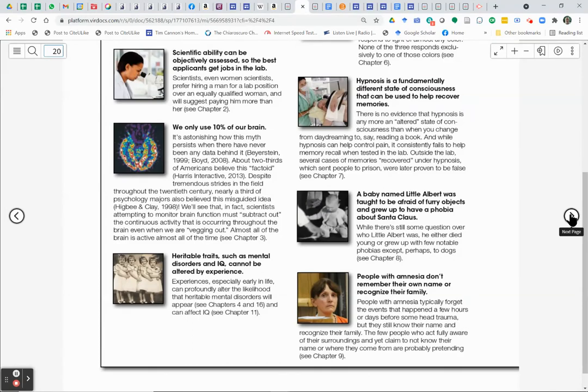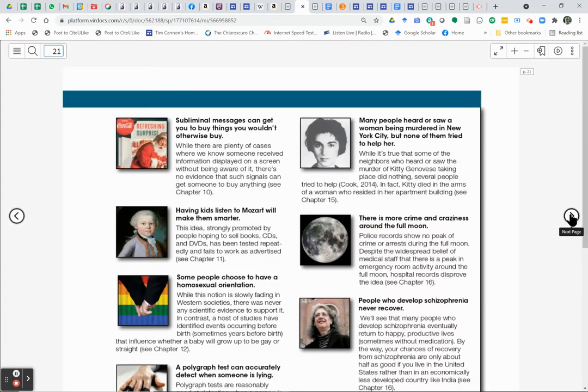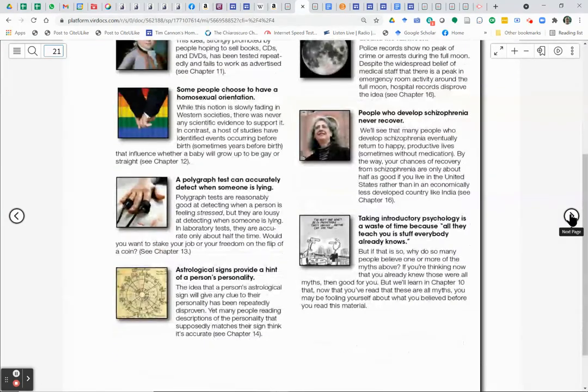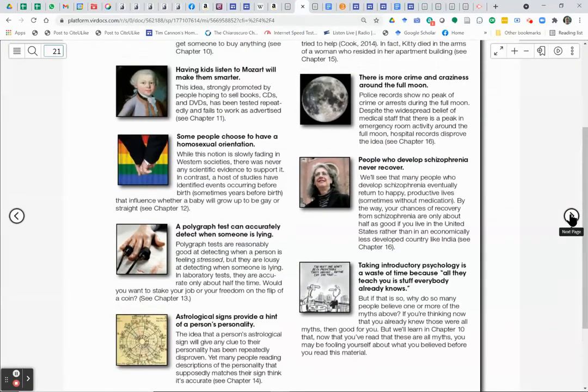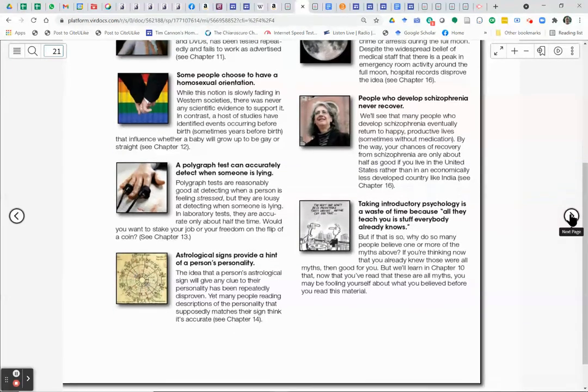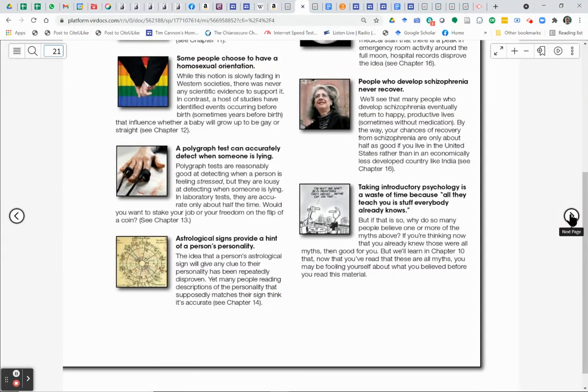There's little Albert, and that's Watson. And the moon and Mozart, and it was some southern state like Georgia or Alabama. Because of misinterpretation of this research, they gave pregnant women Mozart CDs. That was a waste. I am death on astrology. Don't get me started.